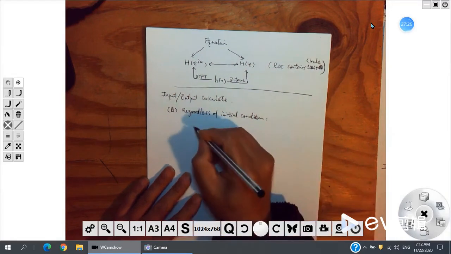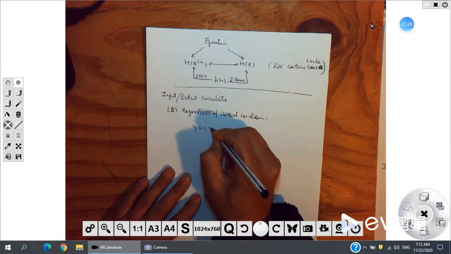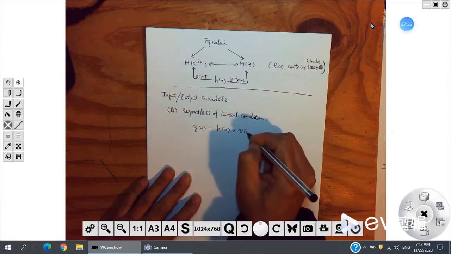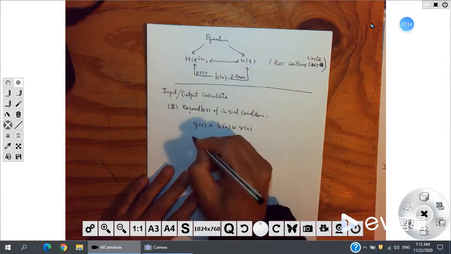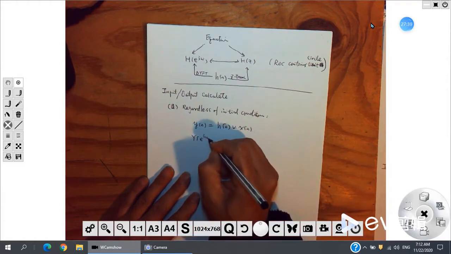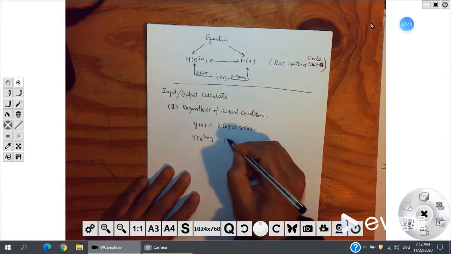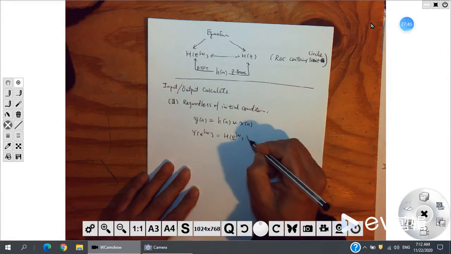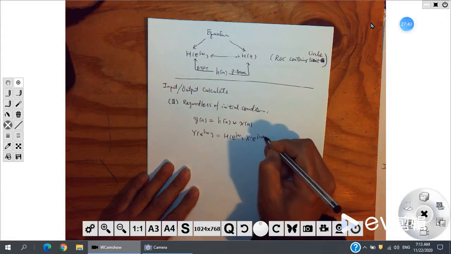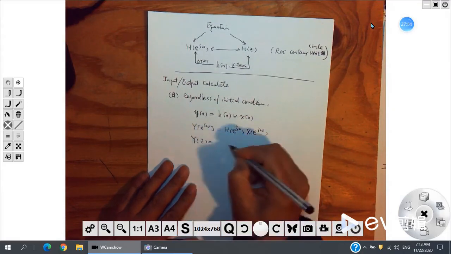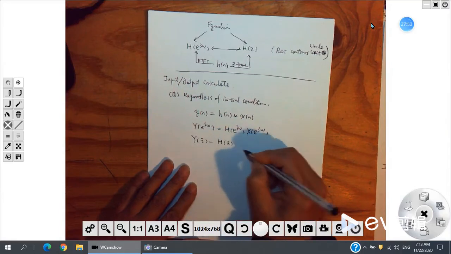Then we have y of n equal to h of n convolved with x of n, or Y of e to the j omega equal to H of e to the j omega times X of e to the j omega. Or we have Y of z equal to H of z times X of z.